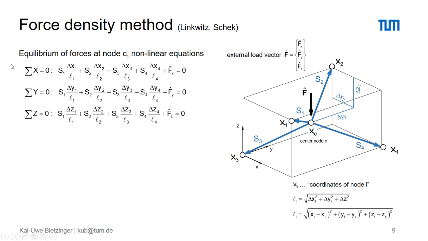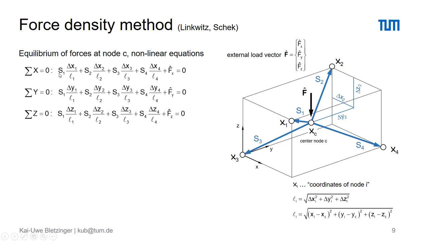Then we have here on the left the 3 equations of equilibrium with respect to all force components in the x, in the y, and in the z direction. At the center node, we can just think that all the cable forces together with the external force F hat are in equilibrium. And that is expressed in these equations.